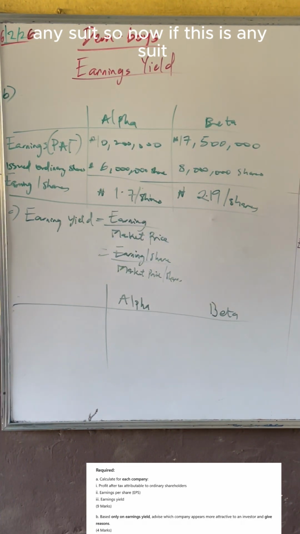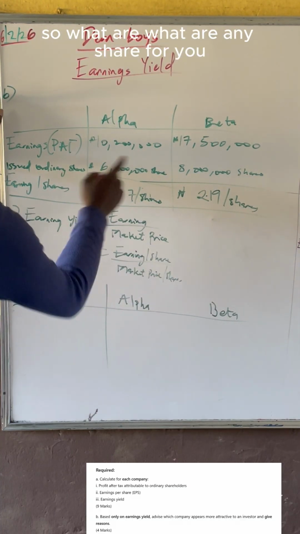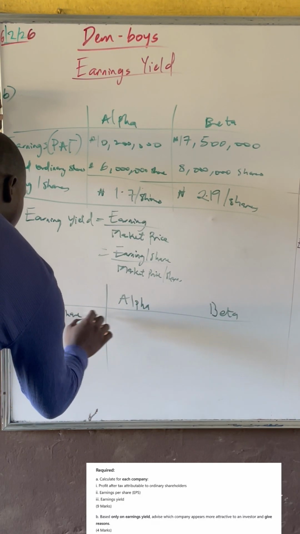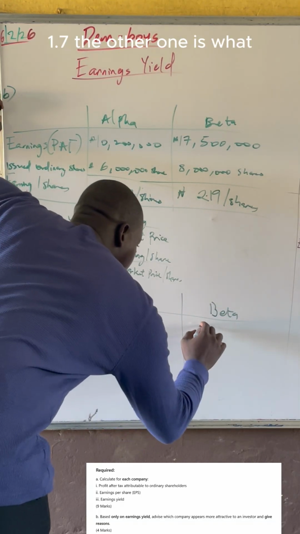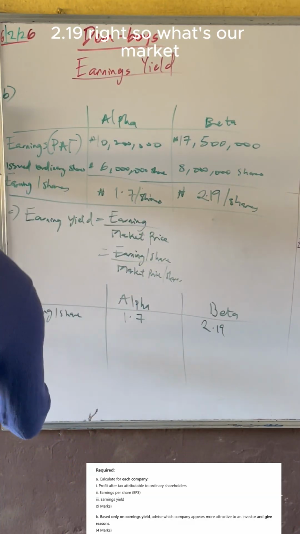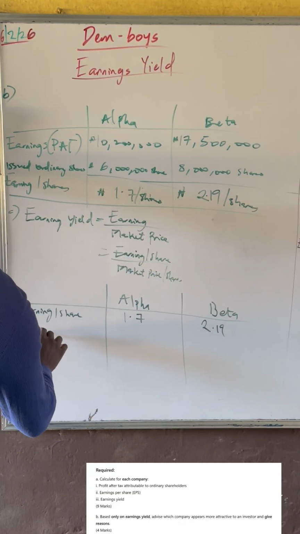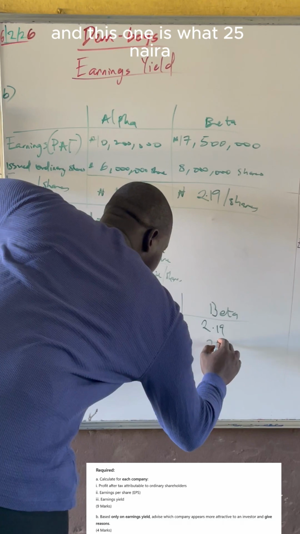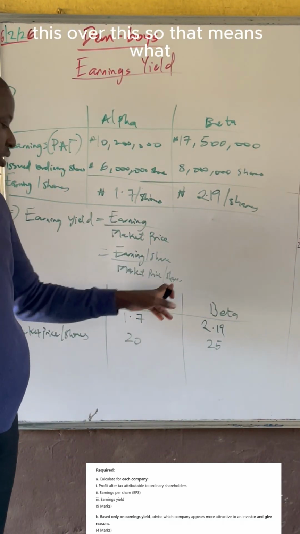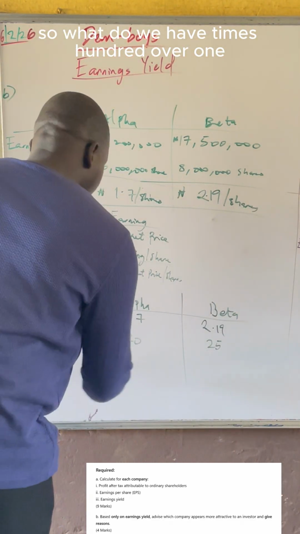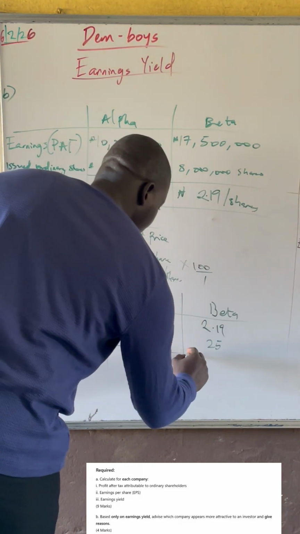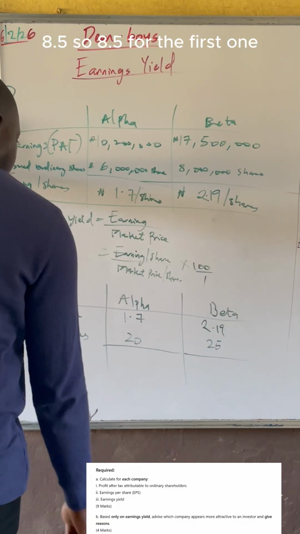So we just divide earnings per share by market price per share. Earnings per share is 1.7 for alpha and 2.19 for beta. The market price per share is 20 naira for alpha and 25 naira for beta. So this divided by this, times 100 over 1, gives 8.5 for the first one.